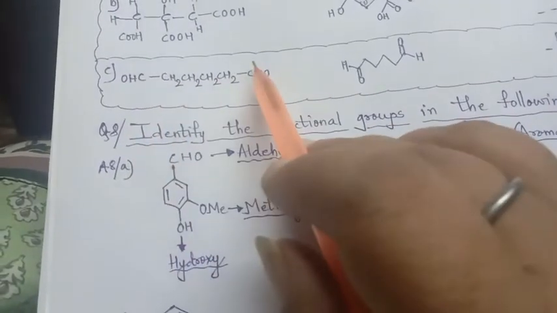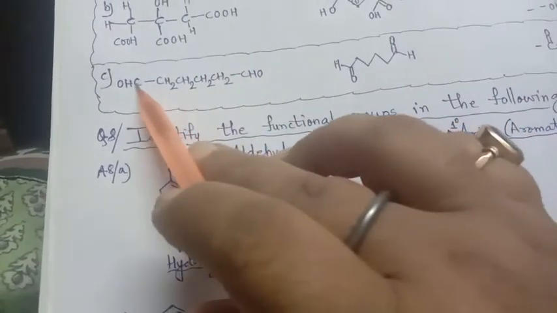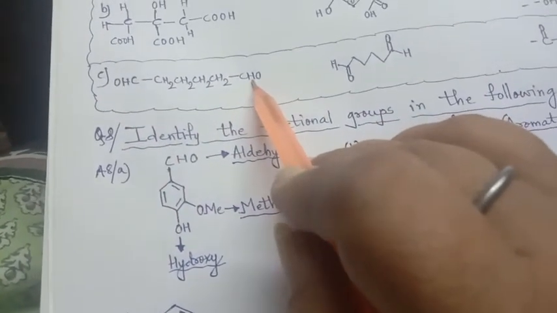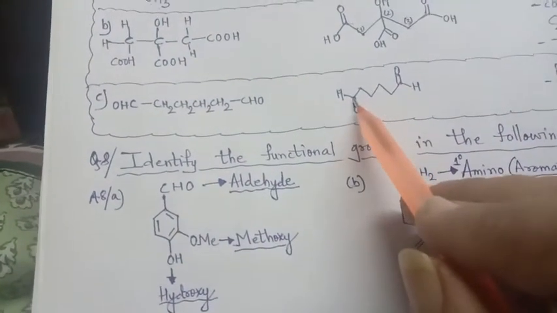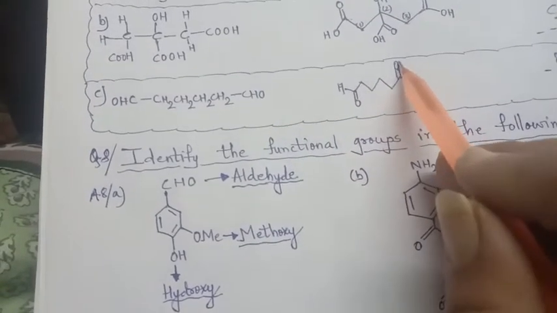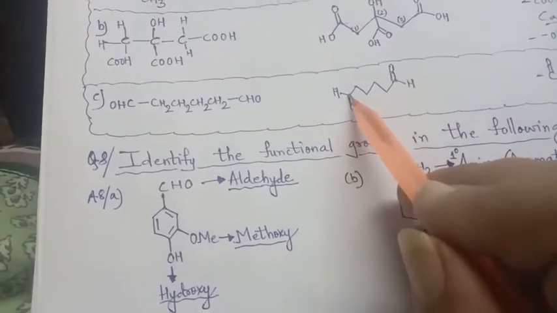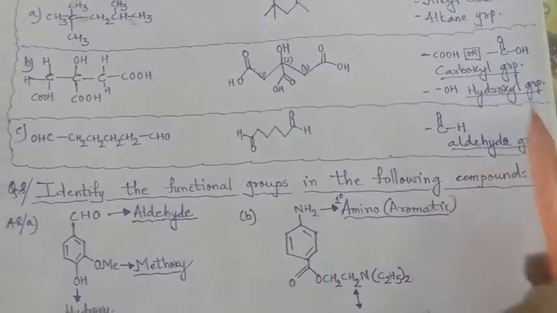On both terminals, the aldehyde group is present, and along with the carbon of the aldehyde, all are 6 now, the longest chain. So hexane dial. Same we will write over here, 1, 2, 3, 4, 5, 6. C double bond OH, C double bond OH, C double bond OH. And the functional group here is the aldehyde group.